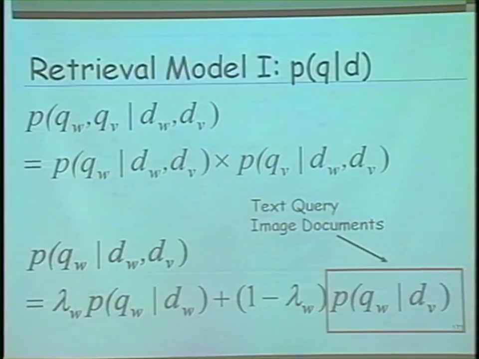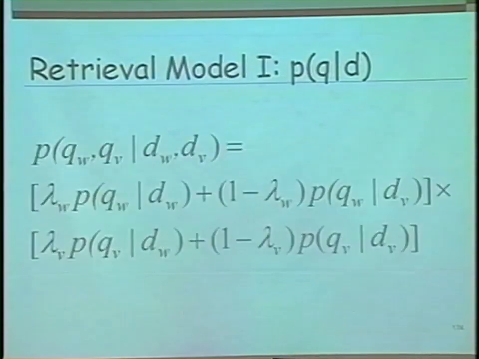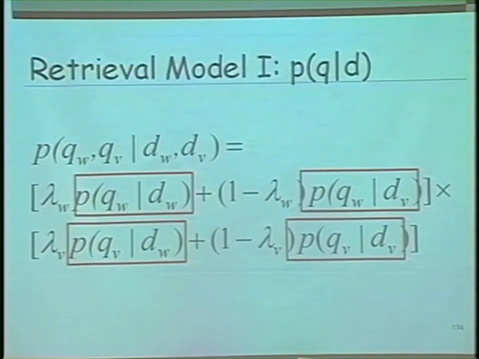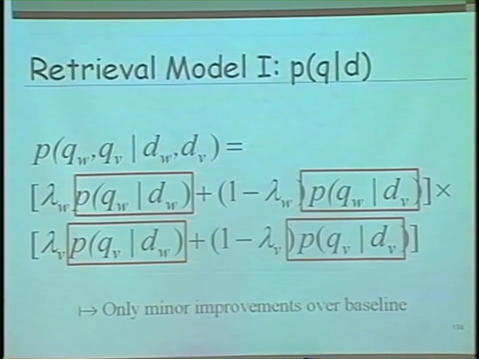And of course you can do the same thing with the second component of the model, and then you'll arrive at something like that. And all 4 parts of the matrix have been taken into account, and there are 2 free parameters that have to be adjusted. But so far we got only minor improvements from that approach.